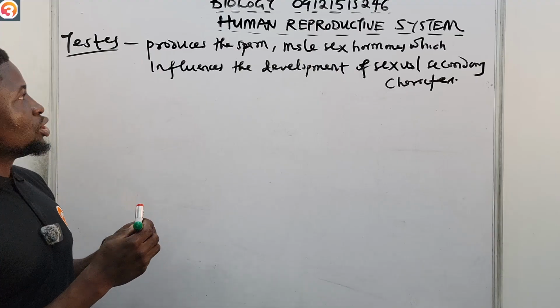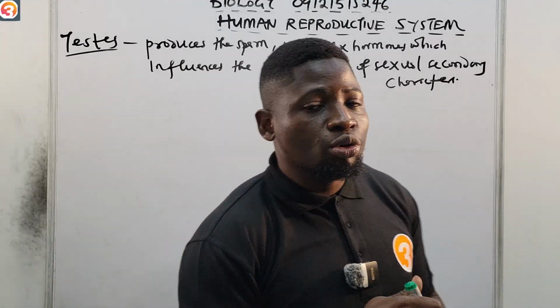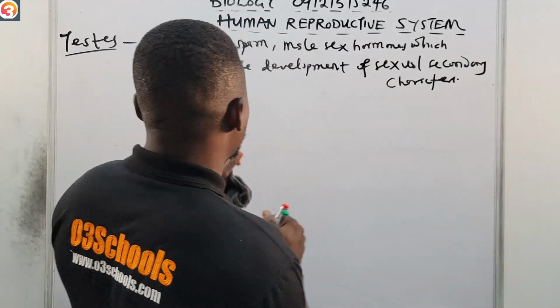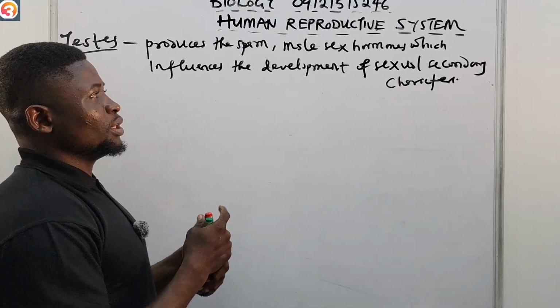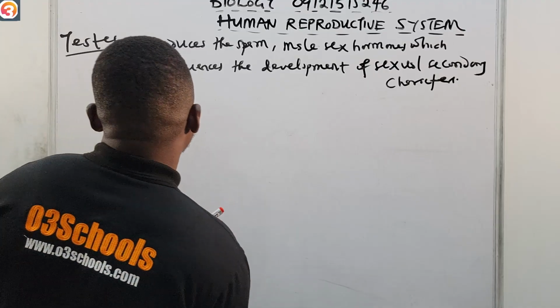So the main function of the testis that we know is to produce the sperm, and it also helps in producing the male sex hormones, which are responsible for the development of secondary sexual characters.